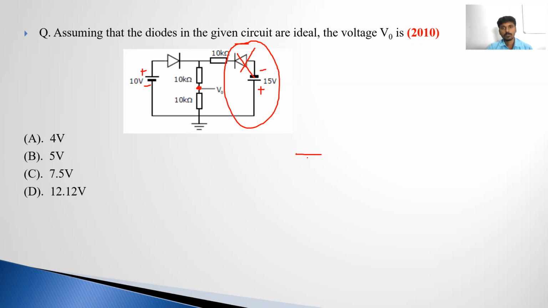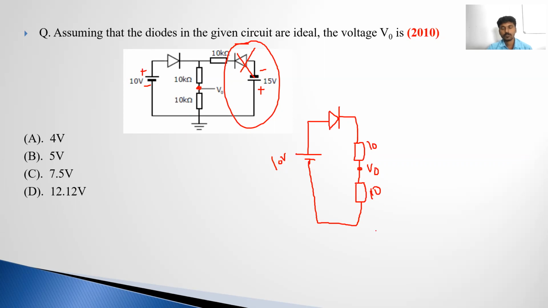So you can draw a circuit like this. This is the output voltage point, and this is the equivalent circuit. If you neglect this circuit, here this is 10 kilo ohms and this is 10 volts. This is also 10 kilo ohms.